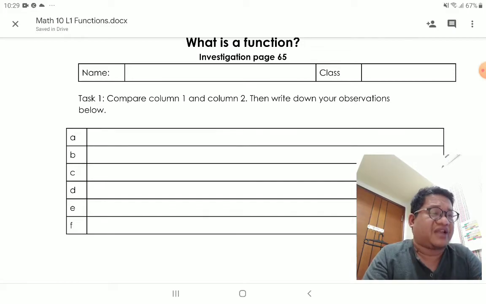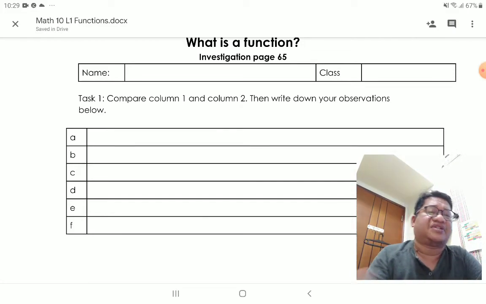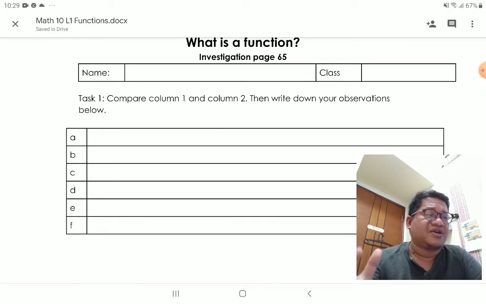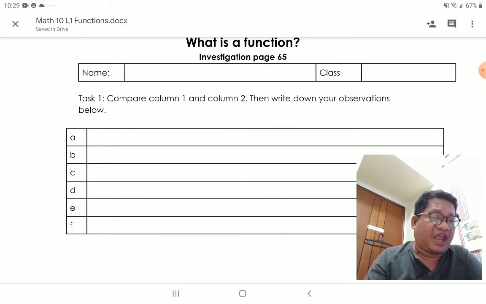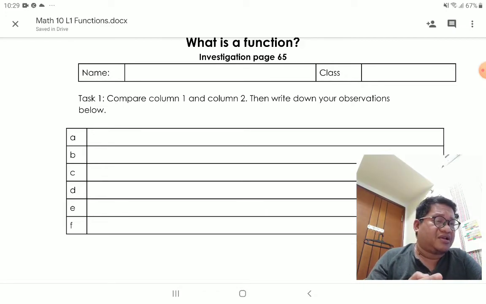Are the x values repeated? In column 1, what can you say about the x? In column 2, what can you say about the x? So just write all your observations on each letter, okay? And until you finish letter F. If I were you, you type your answer here, alright? So it's easy for us to check your work.